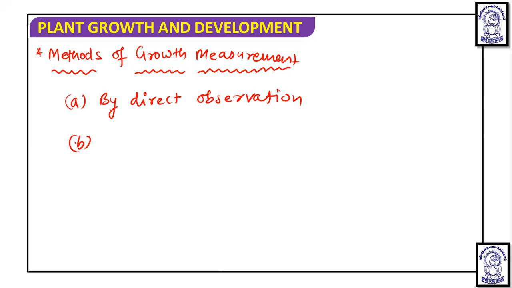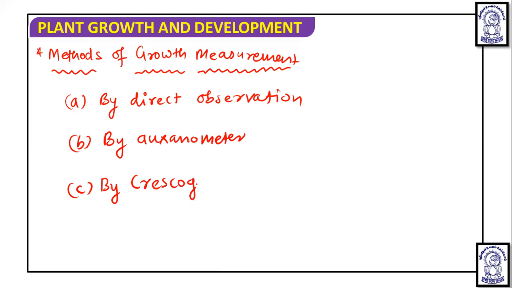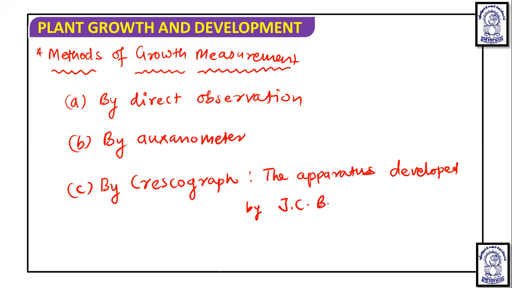Then the second method is by auxanometer. And the third method is by crescograph, which is the apparatus developed by J.C. Bose.